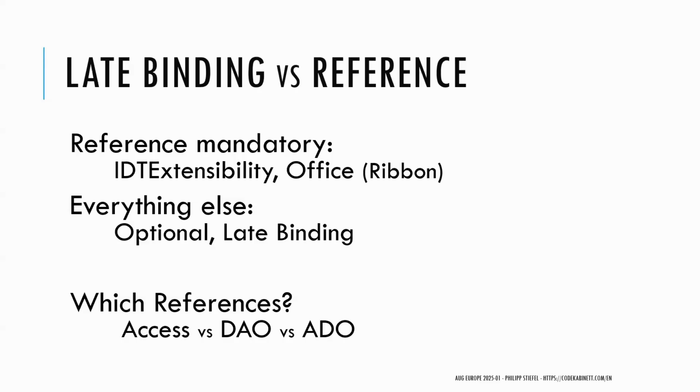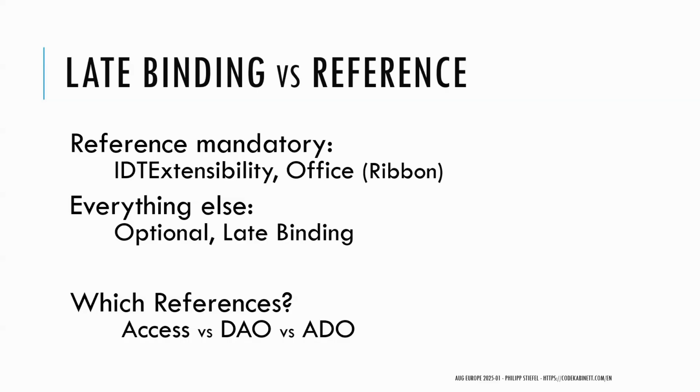The add-in application object that I showed you earlier, which I use to enumerate all forms, all queries and that stuff, is done by late binding. And that's just fine. And if you are creating a COM add-in for Access and you want to add some references, you should think about which do I actually need.